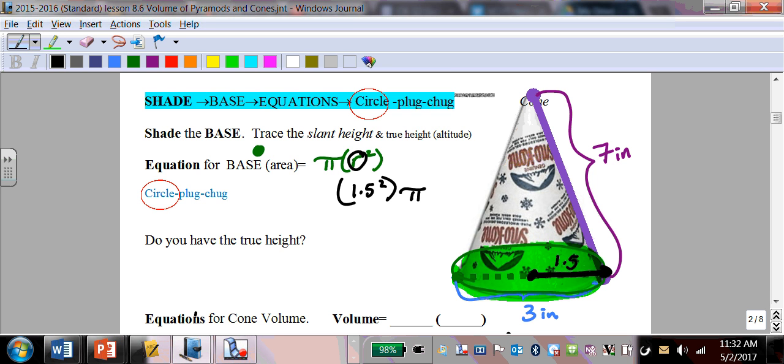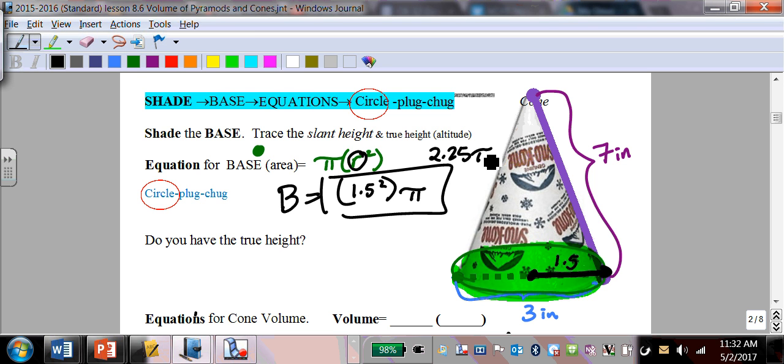What's your 1.5 squared, buddy? 2.25 it is. There it is. Okay, label it, guys. 2.25 pi. Always label as you find stuff. We just found our base.